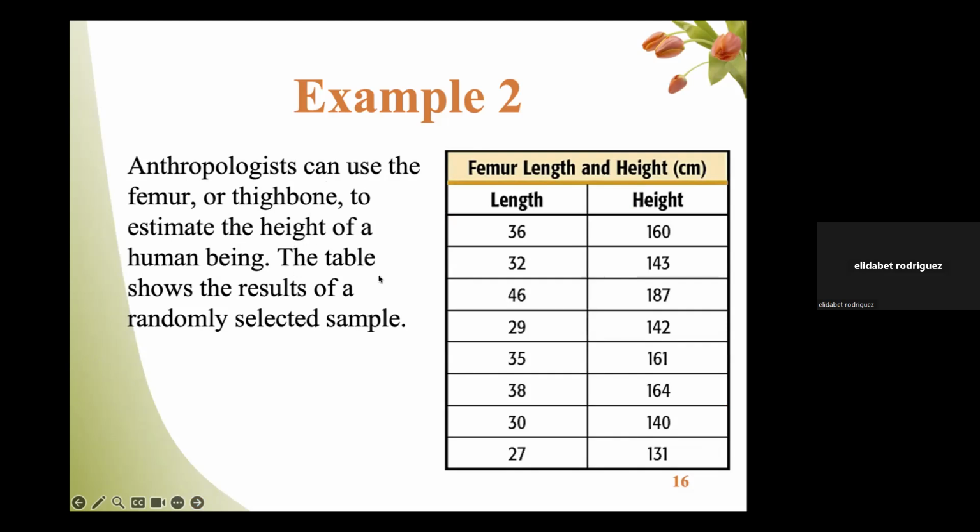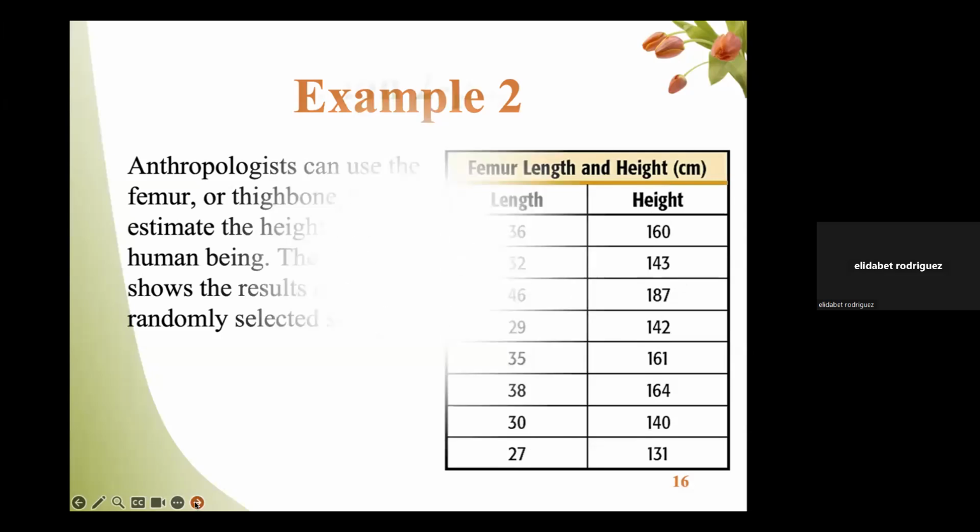The table shows the result of a randomly selected sample. Okay, so on the left side of the table, you have the length of thigh bone, 36, 32, 46, 29, and so forth. And on the right side, in the second column, you have the height of human beings.